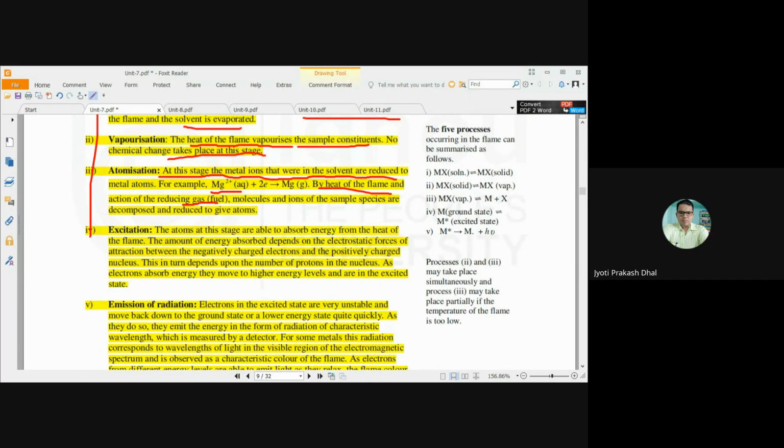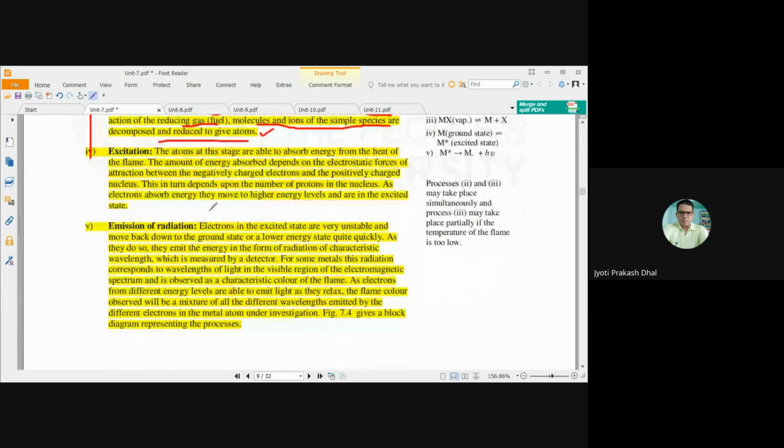So the gas present in the flame is the reducing gas, and the molecules and ions of the sample species are decomposed into and reduced to give separated atoms.